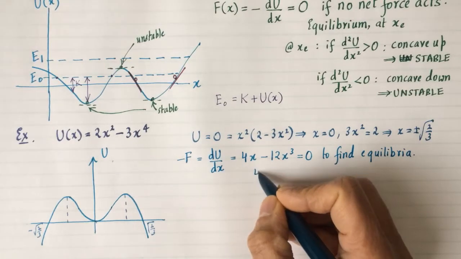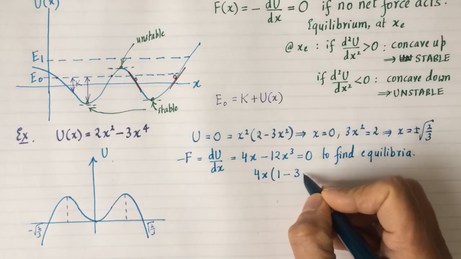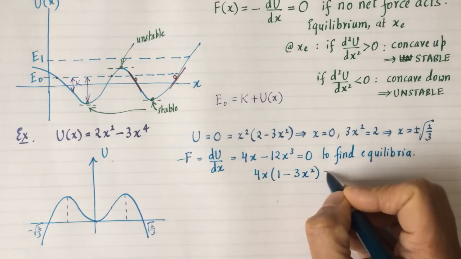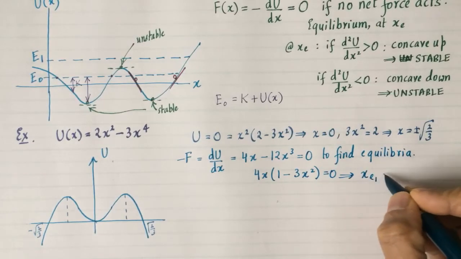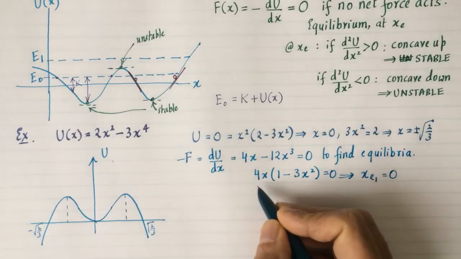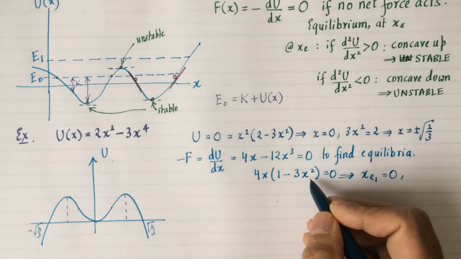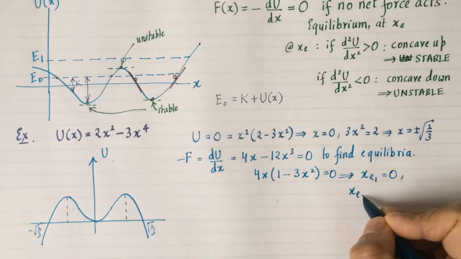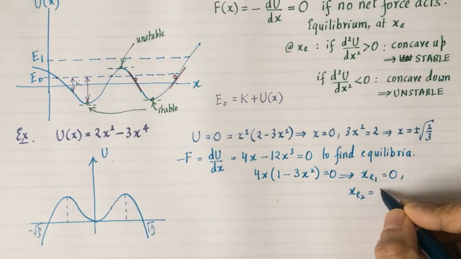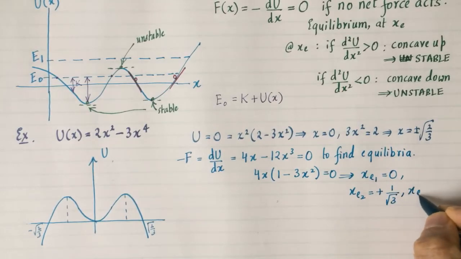So I'm going to get 4x is common. So I get 1 minus 3x squared is equal to 0. So the solutions to this are xe1 is equal to 0. That comes from setting 4x equal to 0. And then if I set 1 minus 3x squared equal to 0, I'm going to get xe2 equals plus 1 over root 3, and xe3 equals negative 1 over root 3.